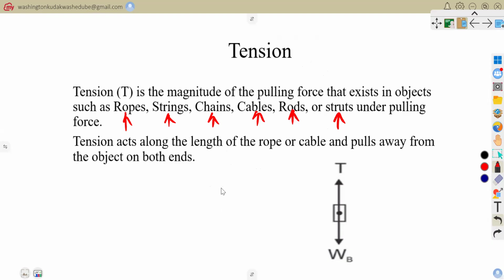So let's say, for example, I've got my roof, and then within this roof, I suspend a certain object. Let me say a doll.